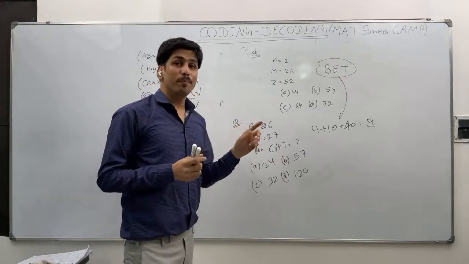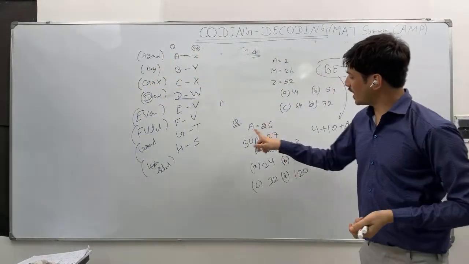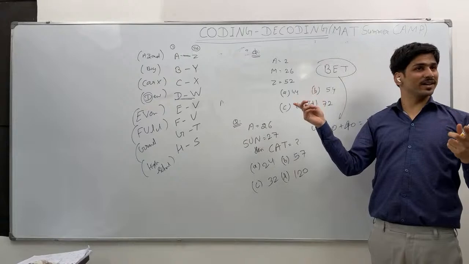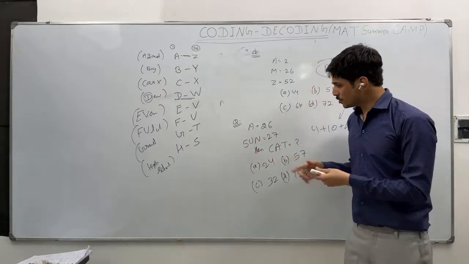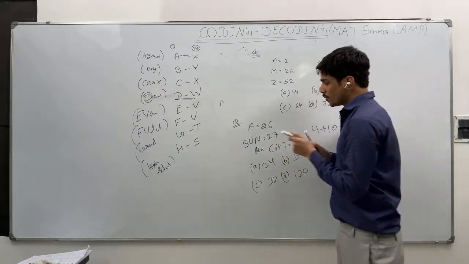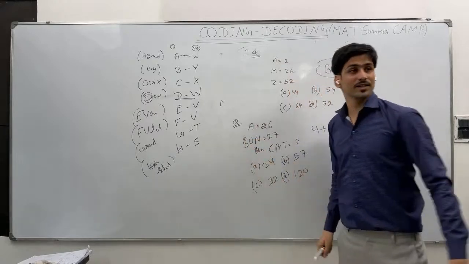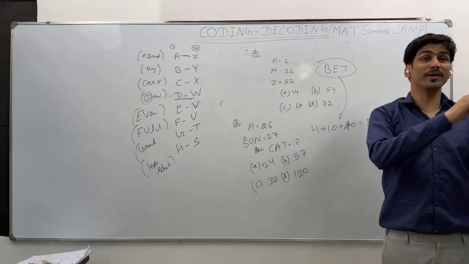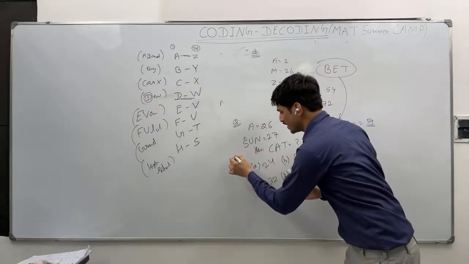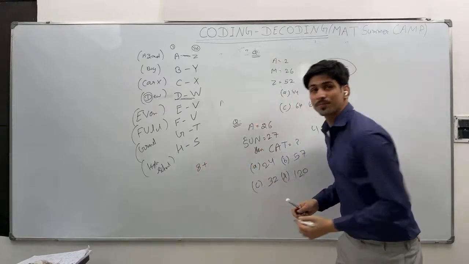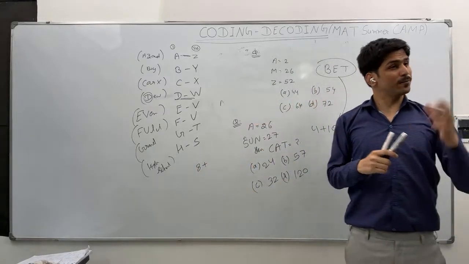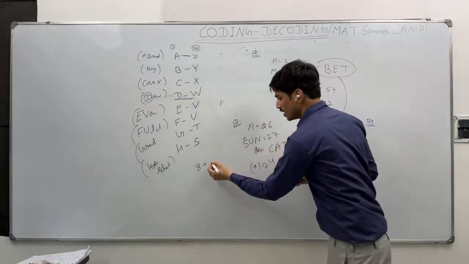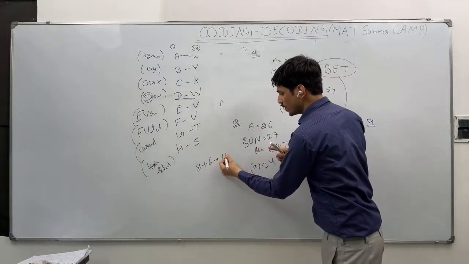You see, backward rank is given. A equal to 26 means backward rank. How did you get 27 here? First of all, tell me what is the backward rank of S? High school, you remember? It means 8. What about U? FU, full, this one will be 13.